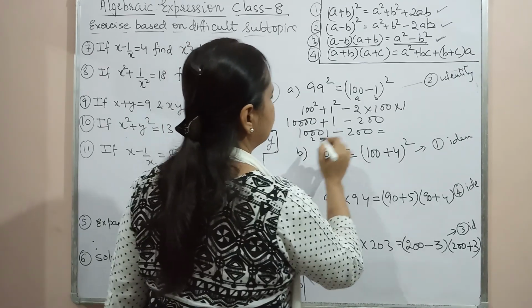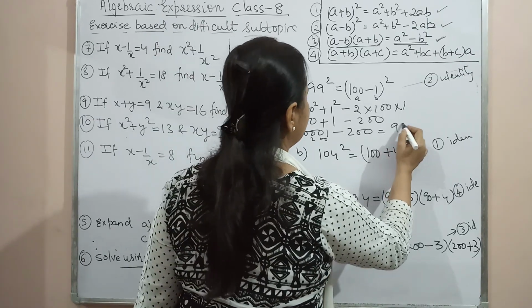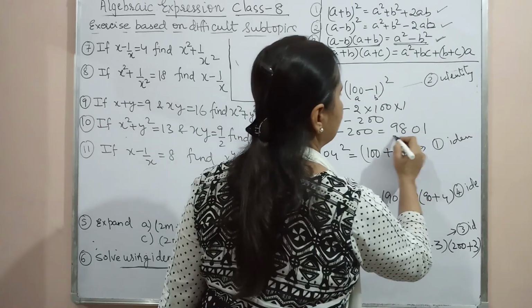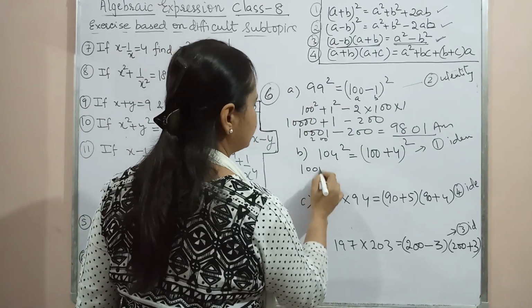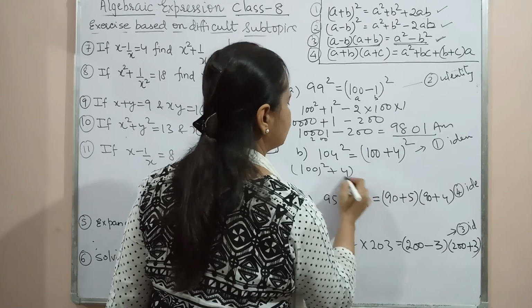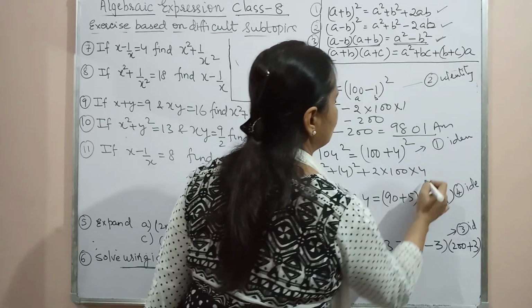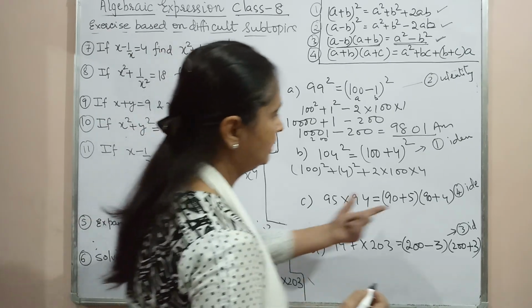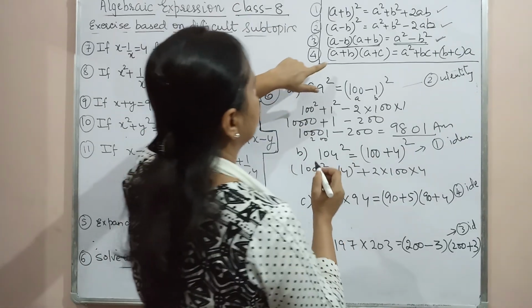So it is 9801. So this is your answer. Now in the same way you have 100 squared plus 4 squared plus 2 into 100 into 4. Solve it and get the answer.